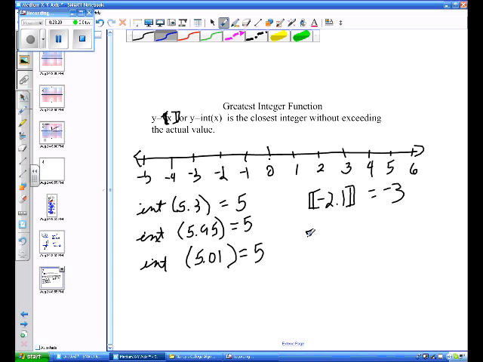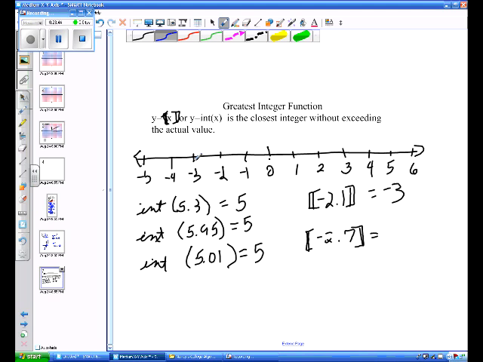And if we did negative 2.7, again, negative 2.7 would be down here, but if we went to negative 2, we've exceeded it.